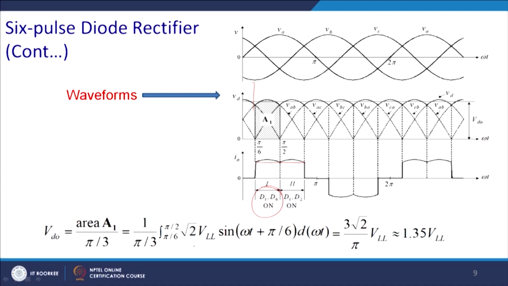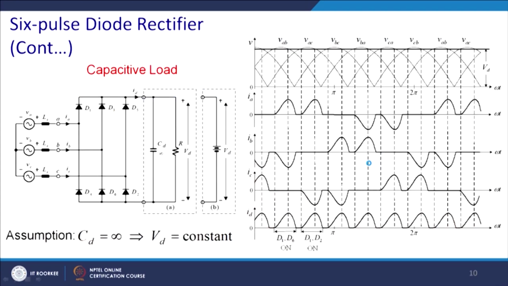You can apply the integration from pi by 6 to pi by 2 of root 2 VL sin(omega t) d omega t, which equals 3 root 2 by pi times the line to line voltage, that is 1.35 of the line to line voltage, which will appear as the DC voltage in the diode bridge rectifier. So, just multiply the line to line RMS voltage with 1.35, and that will be your DC average voltage.